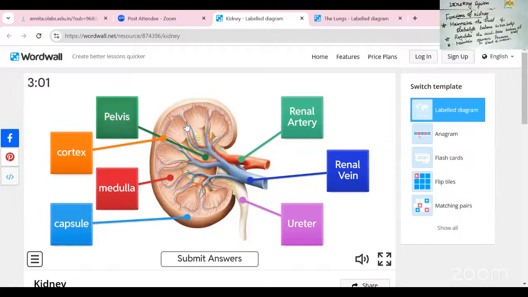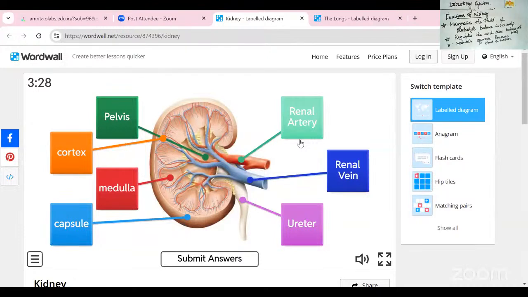The center part of the kidney is known as pelvis. This is cortex part. Cortex means the outer part, and this part is known as medulla part. The outer skin part is known as capsule. The red color vessel is known as renal artery, and the blue color part is known as renal vein.